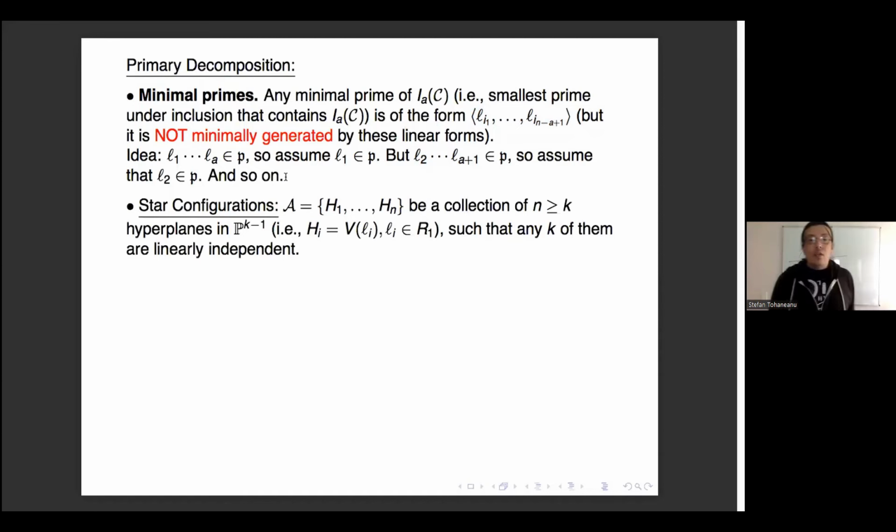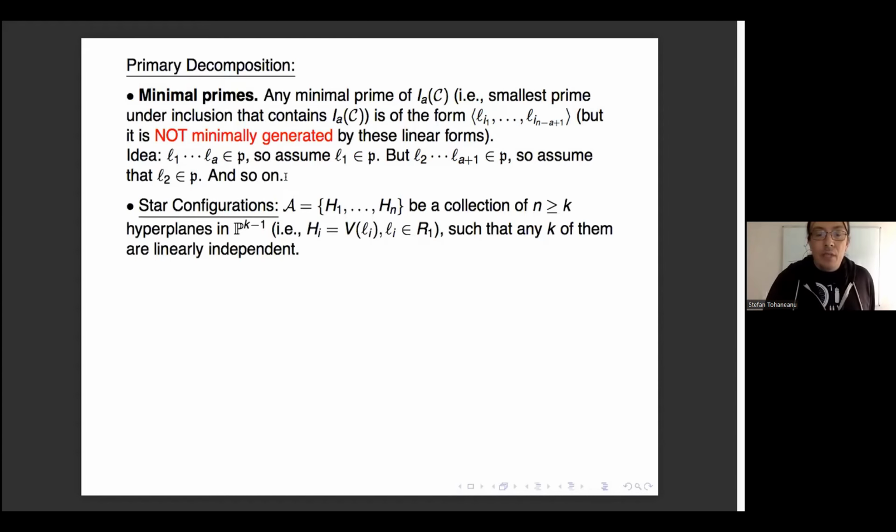Now here is the connection of these ideals generated by A-fold products of linear forms with more classical concepts called star configurations, or defining ideals of star configurations. And we'll see where the connection lies.